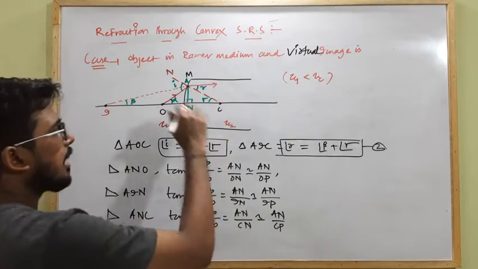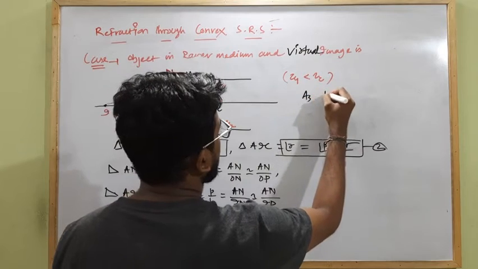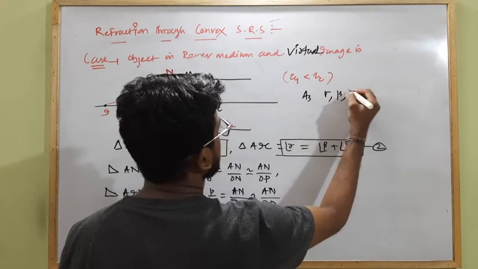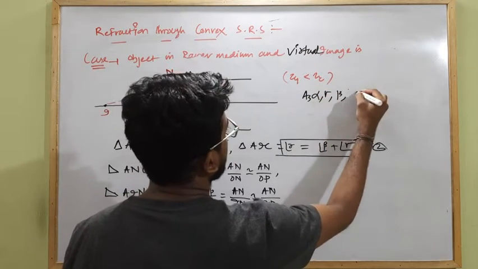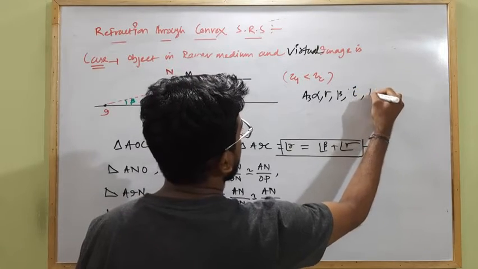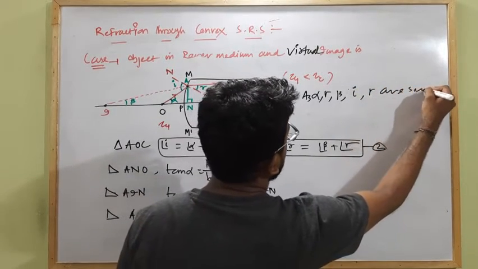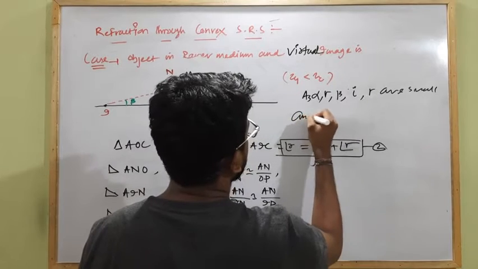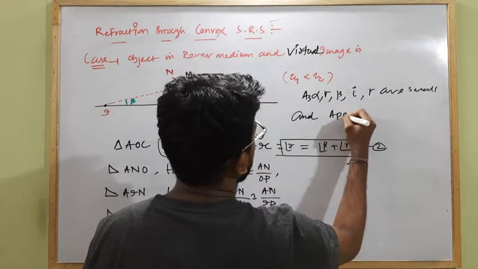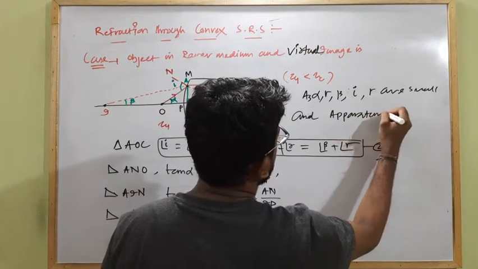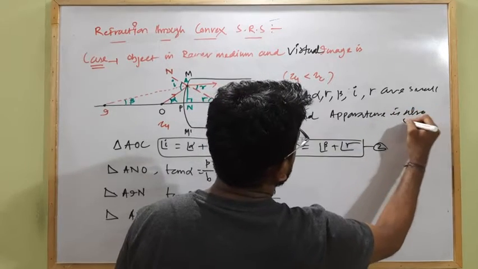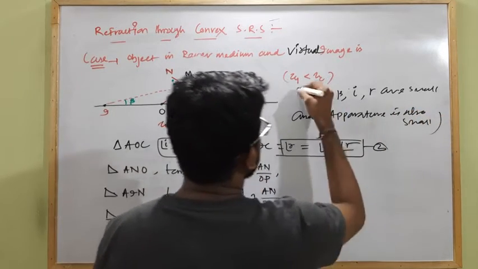So alpha, gamma, beta, angles I and R are small and the aperture is small. This is the condition.